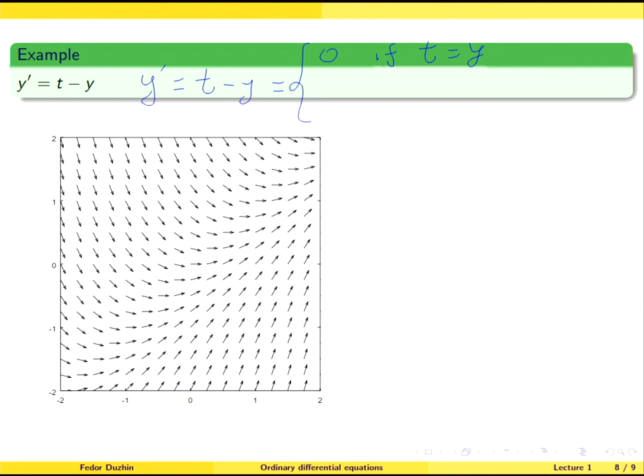And when the right-hand side of the differential equation is 0, it means that the direction field has first component 1 and second component 0. So the vector (1, 0) is a horizontal vector. It is a vector that points exactly to the right.